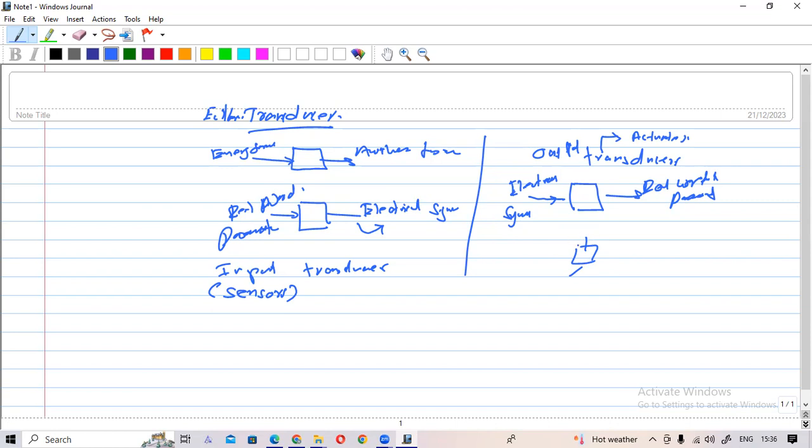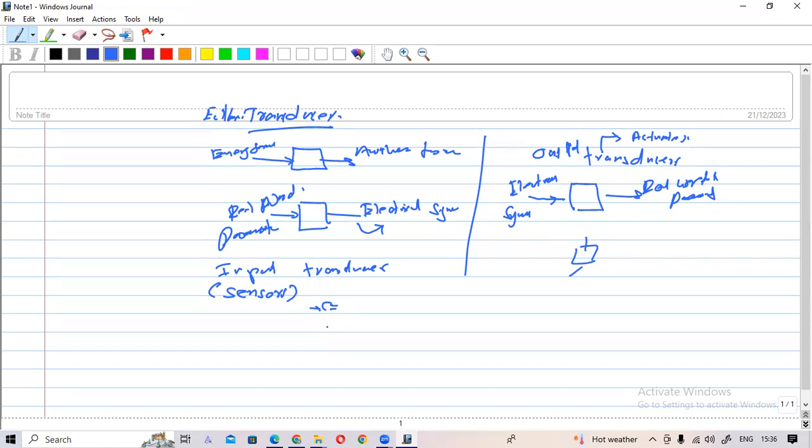So a motor is a kind of output transducer. There are many input transducers. If you consider a microphone, that is converting sound into an electrical signal, that is an input transducer.